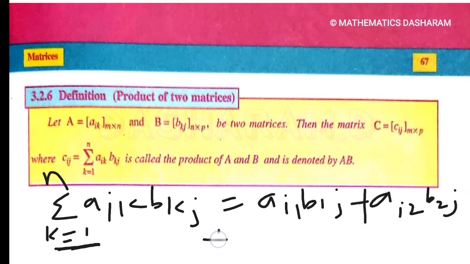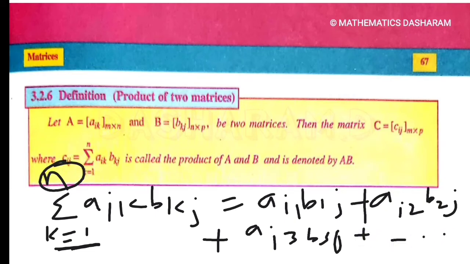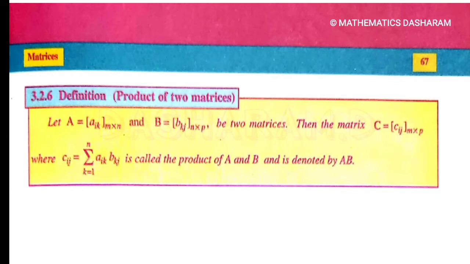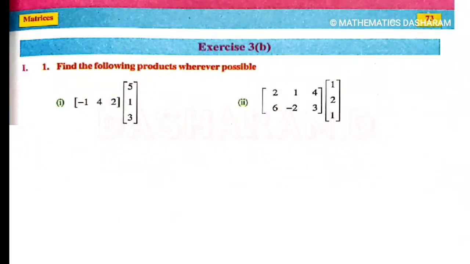Next plus, 2 is completed, next k equals 3, so A_i3 B_3j, plus, and it will continue until k equals n. So sigma is nothing but adding the terms, that's it. Let's do some problems on this product, then you will understand very clearly.